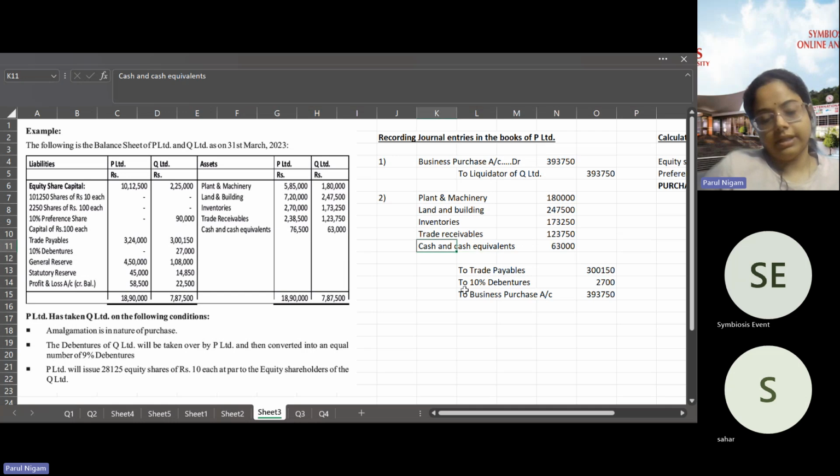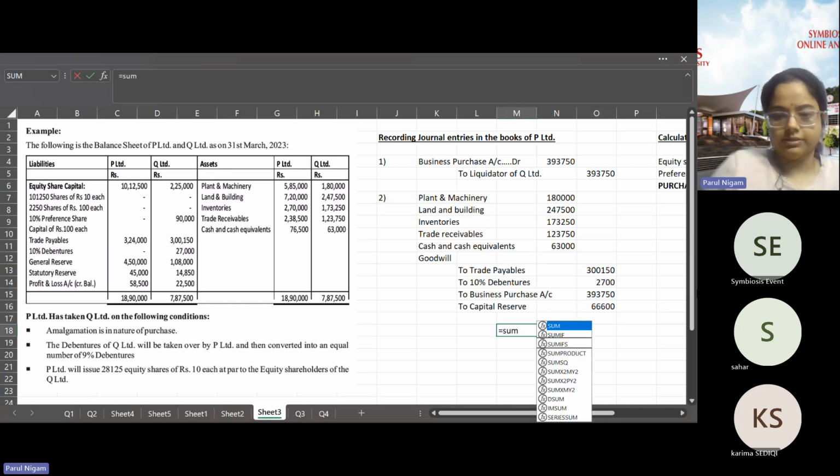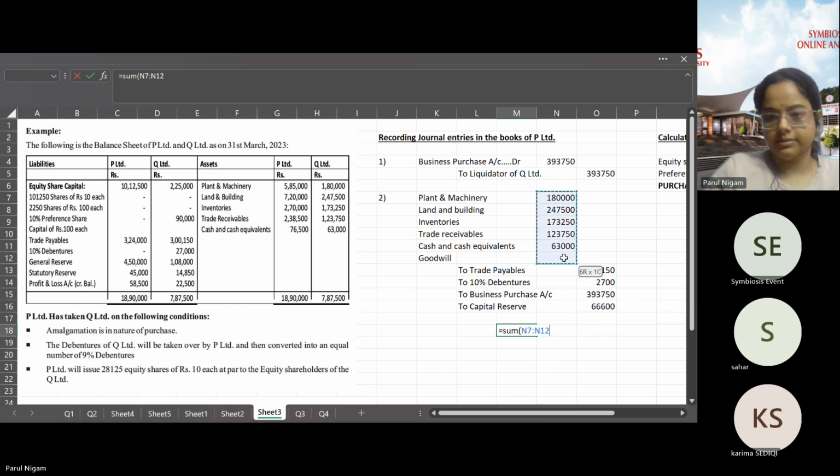If that difference is on the debit side, we write it as goodwill. If it is on the credit side, we write capital reserve. Over here, the balancing figure will come on the liability side, so it should be 6,600. It is basically the difference. I'll show you: this minus the sum of this.